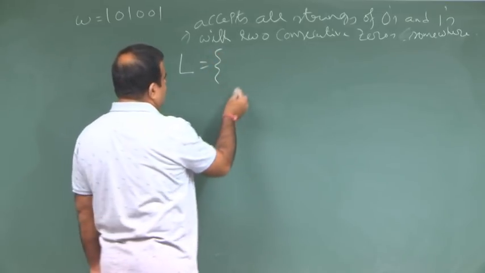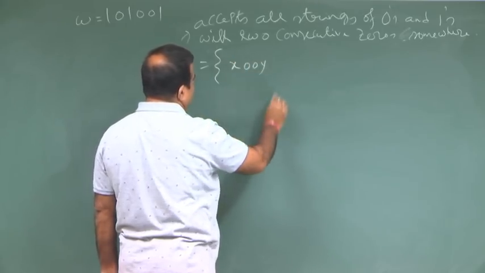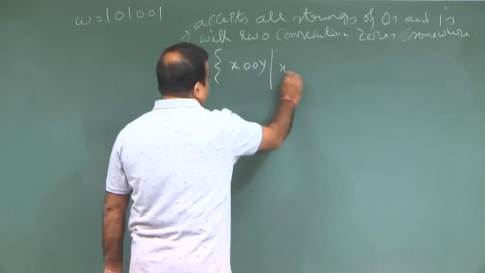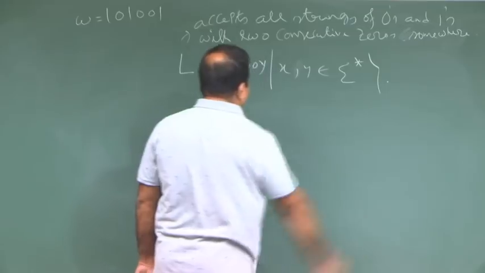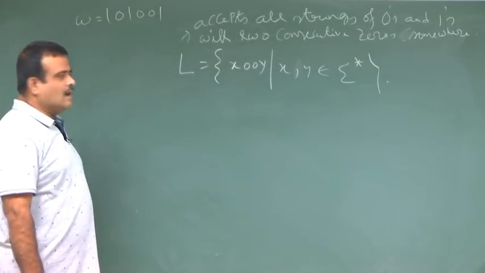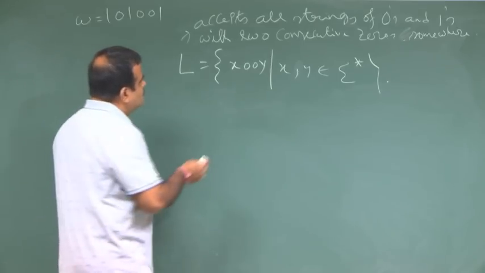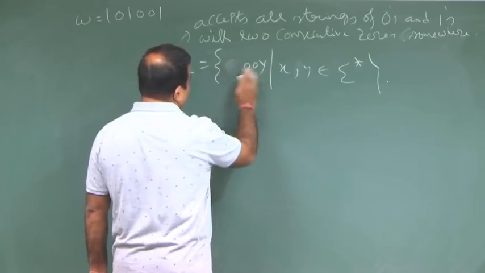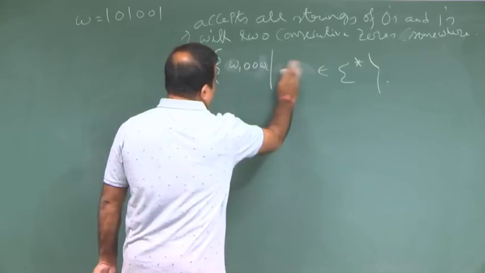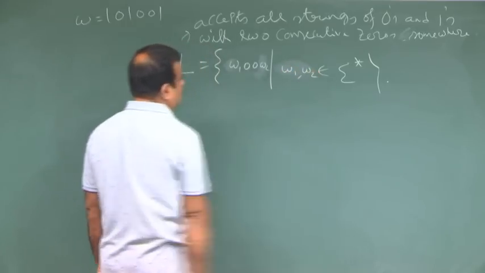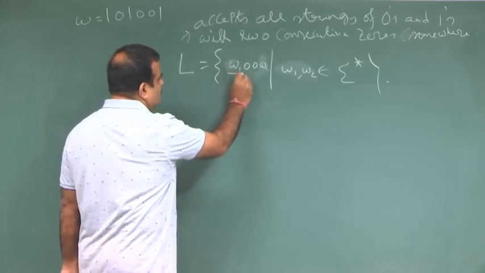So, we can just write this as x 0 0 y kind of thing, where x and y come from sigma star, any length. Yeah, we need to have 2 consecutive 0s in the middle. So, instead of x we can have, x is usually referred to as input, so W1 0 0 W2.